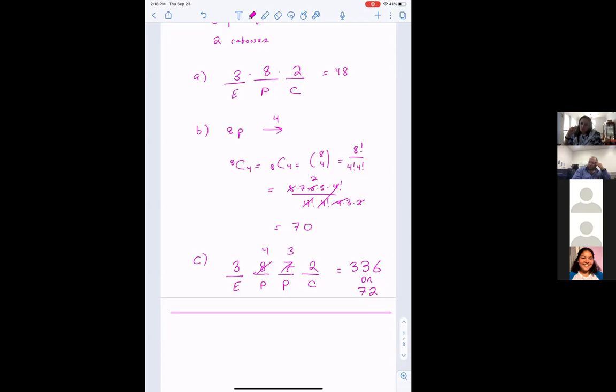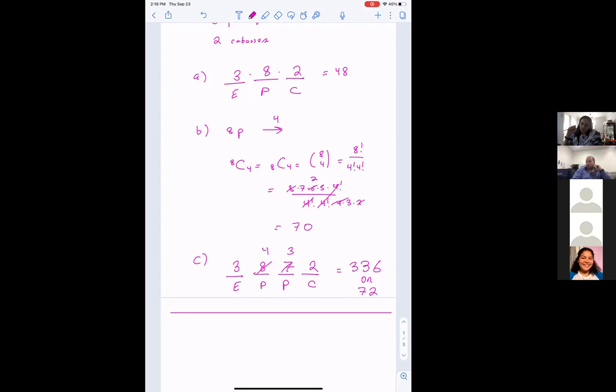Are we talking about A, B, or C right now? I used combinations because you're choosing 2 passenger cars out of the 8, and you can choose any 2 of the 8. So I did combinations because order doesn't matter. You're simply choosing 2. And I ended up getting 28. So I multiplied 3 times 28 times 2, and I didn't get either answer.